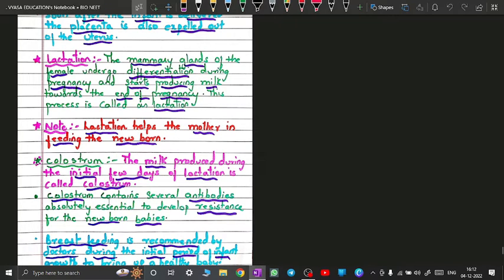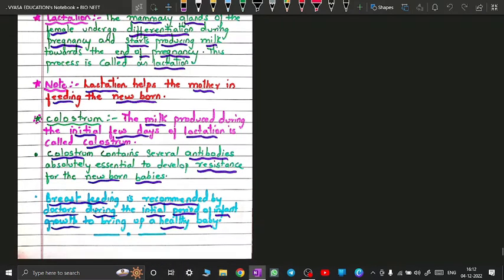Doctors advise, isn't it, to give the first few days' milk to the child without fail. Why? Because it contains several antibodies which help the baby resist diseases. It is absolutely essential to develop resistance in newborn babies. The important thing is that breastfeeding is recommended by doctors during the initial period of infant growth to bring up a healthy baby.